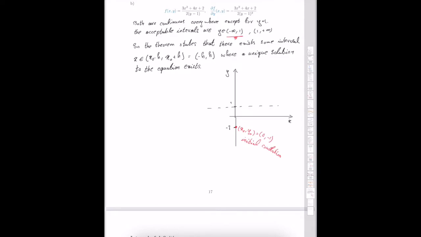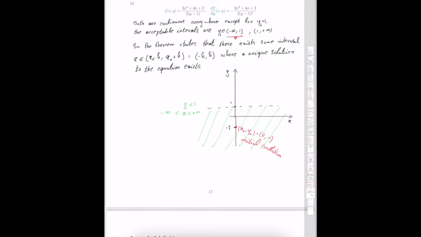So again, the continuity was telling me that both f and the partial derivative of f are continuous in this part, or the part above, but this is where I was interested in, and this is the rectangle. It's y less than 1, and x is just simply between plus and minus infinity.